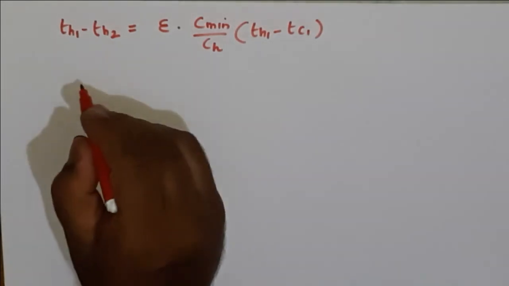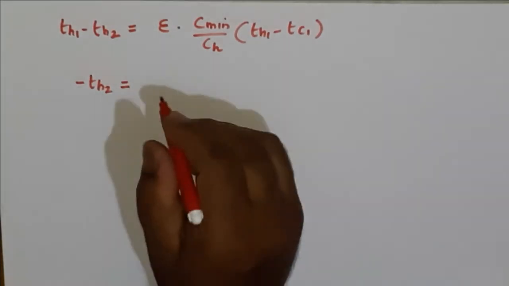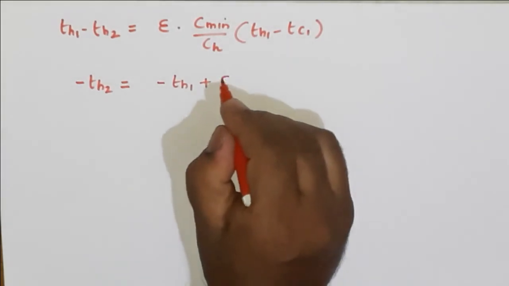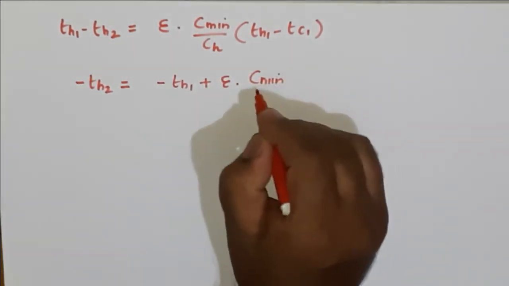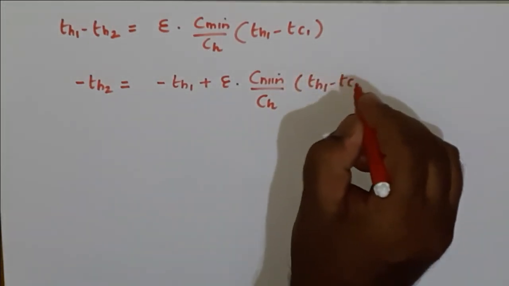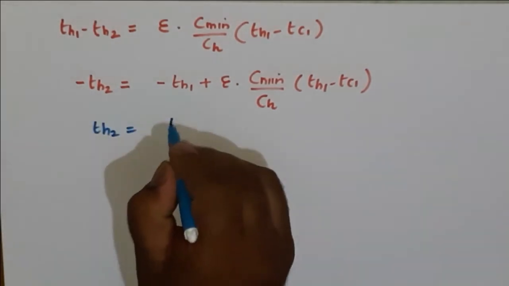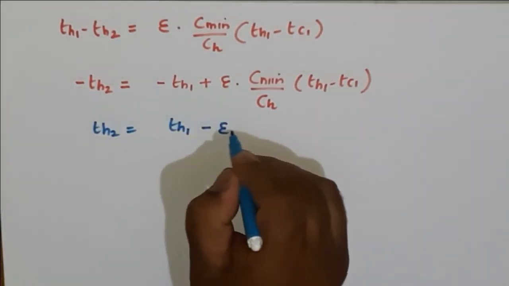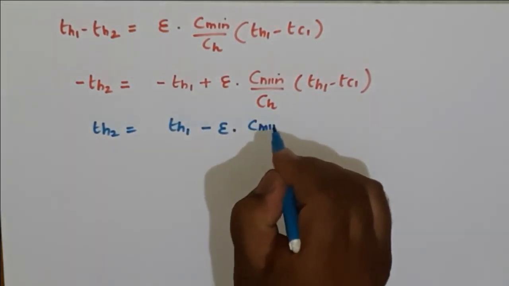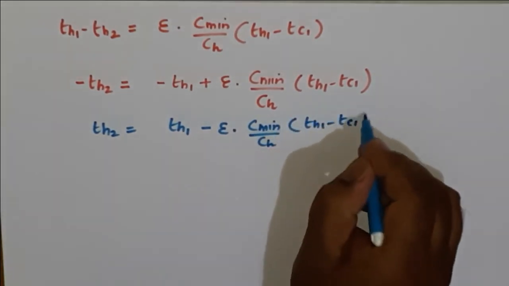Now we want TH2. So minus TH2 is equal to, take TH1 to the other side, so it becomes minus TH1 plus effectiveness into C minimum by CH into TH1 minus TC1. So TH2 is equal to TH1 minus effectiveness into C minimum by CH into TH1 minus TC1, multiplying by the negative sign.